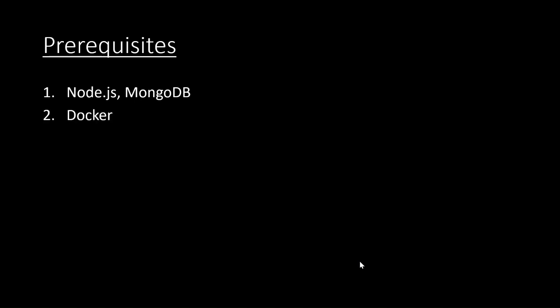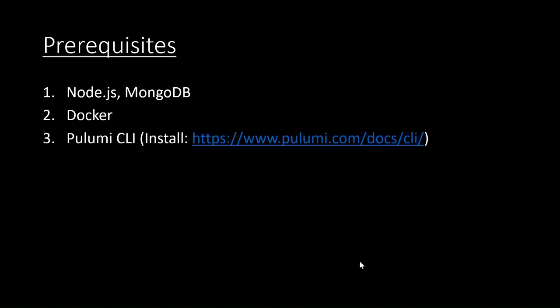Since we'll be deploying web services on AWS's ECS, we need to have Docker because we'll be creating the Docker image and then deploying it on ECS. So you can install Docker Desktop. I'll be using Docker Desktop on my system.